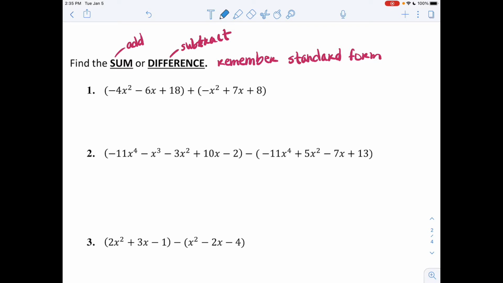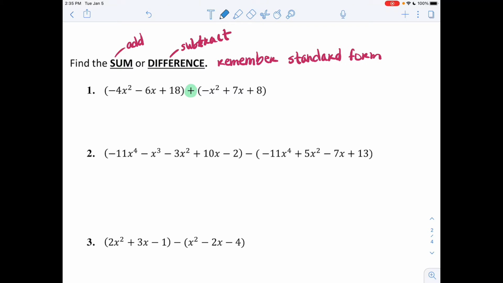Because whenever you're adding, and how do we know we're adding? We just have an add symbol right here. Our like terms are going to be terms that have the exact same variable and exponent on them. So in order to add two polynomials together, we just combine the like terms.